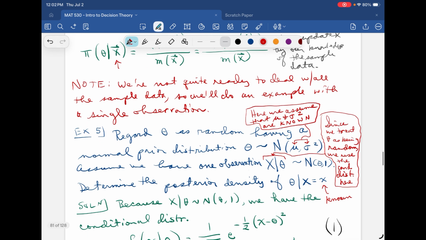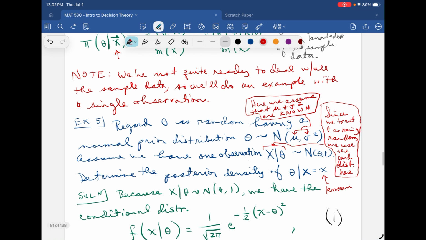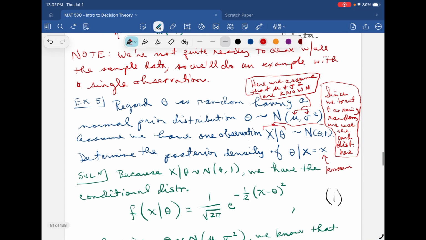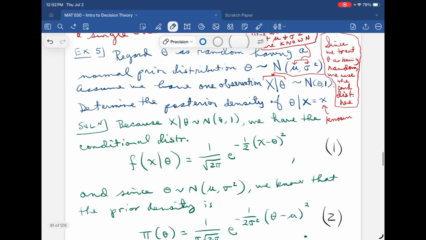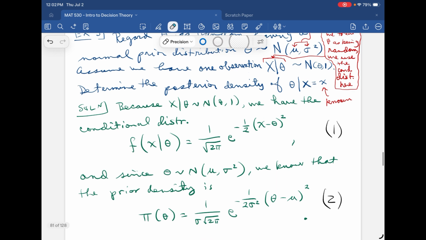All right, so let's look at the solution. Because x given theta is normal theta, 1, we have this distribution here. And then since theta follows this normal distribution we have here, the marginal density is what we see there. So now we've got to go through the steps to get to the posterior distribution.